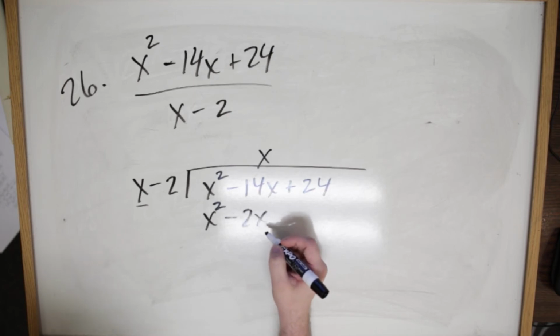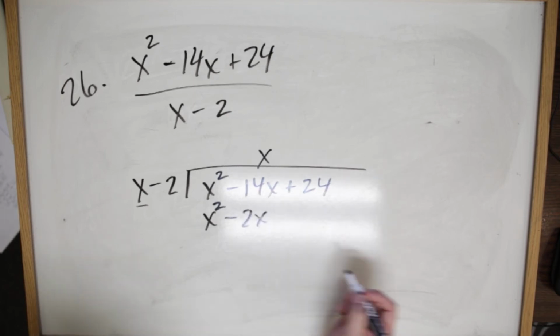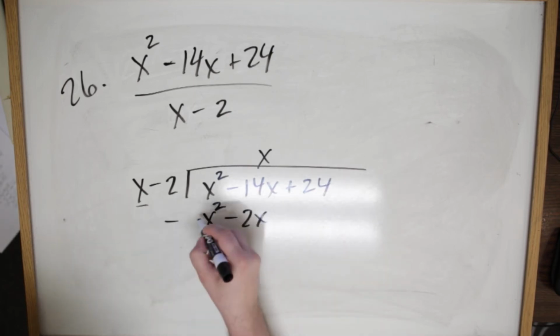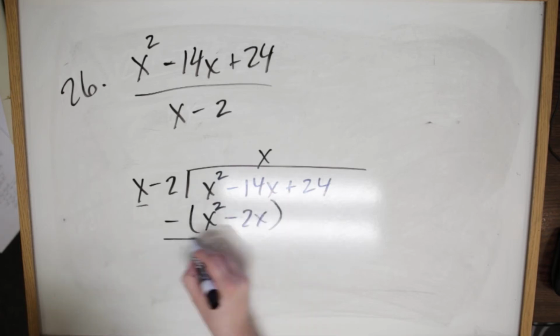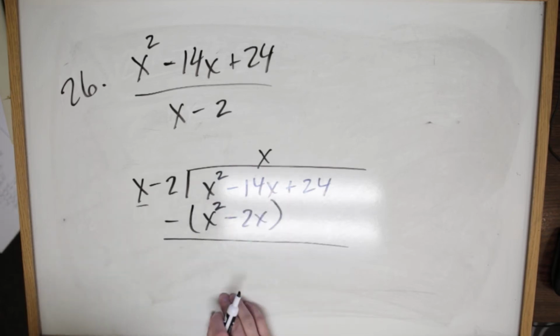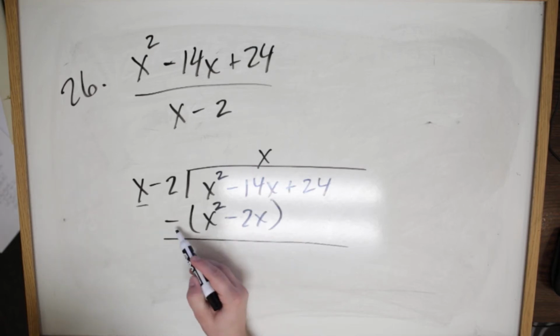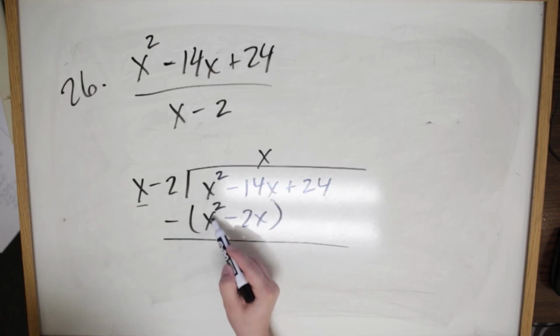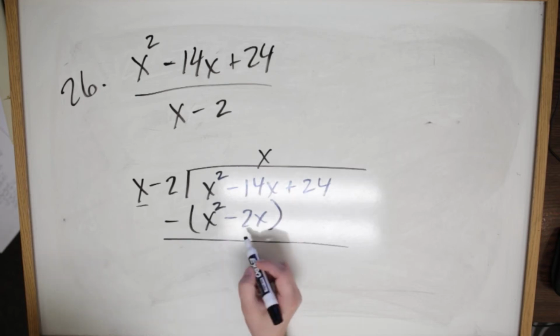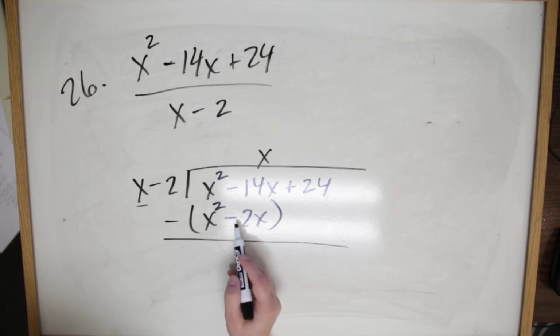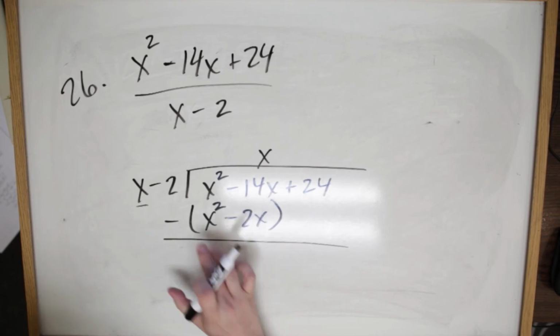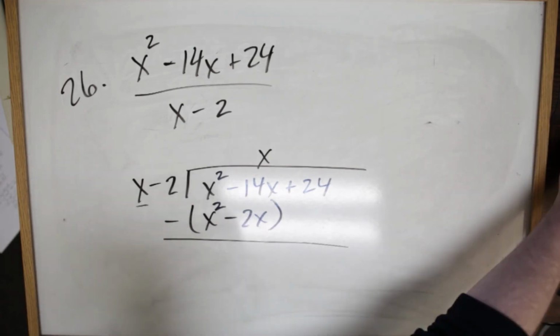Now, here is where a lot of people get confused. You're subtracting that stuff. So here, because I'm subtracting it, these things are going to go away. The x squareds are going to go away. This minus 2x actually turns into a positive. Okay, so if you want, you can change this.